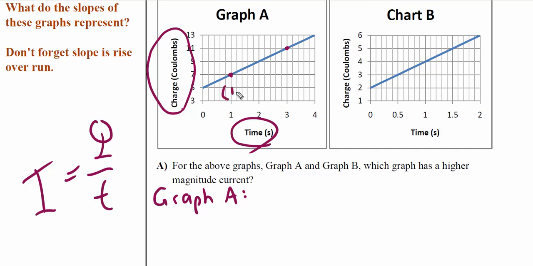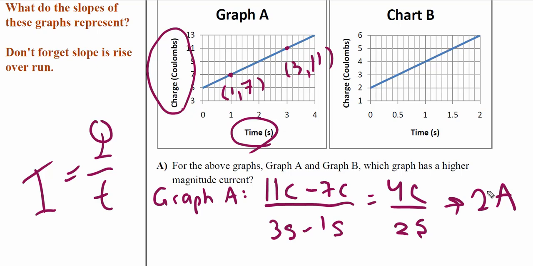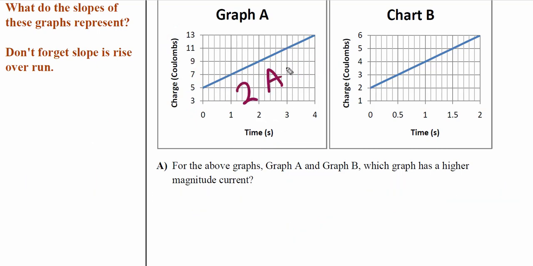This point is (1, 7) and this is (3, 11). If I do my rise over run, it's 11 coulombs minus 7 coulombs over 3 seconds minus 1 second. I get 4 coulombs over 2 seconds, and that is 2 amps. So for graph A, I'm looking at 2 amps. For graph B, we repeat the same process, picking any two points you feel comfortable with.